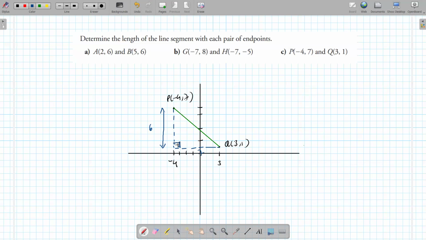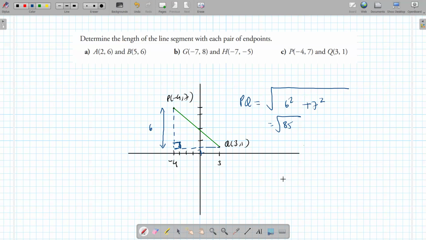Is this a right angle triangle? Yes, because this line is coming straight vertically down. So now our length PQ is just going to be the Pythagorean theorem: 6 squared plus 7 squared. What is that? 36 plus 49, so 85. And that's it.